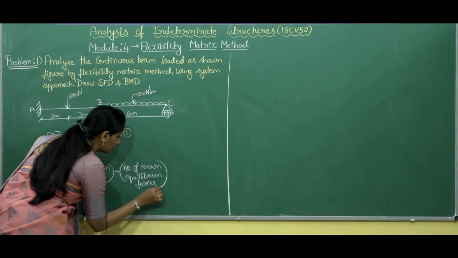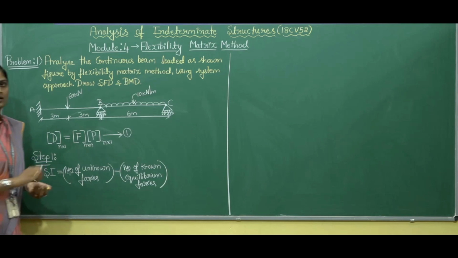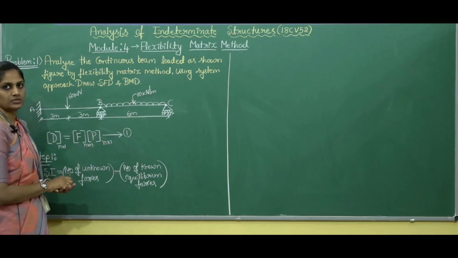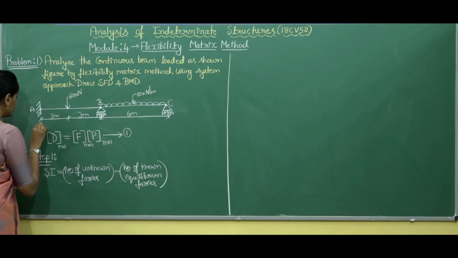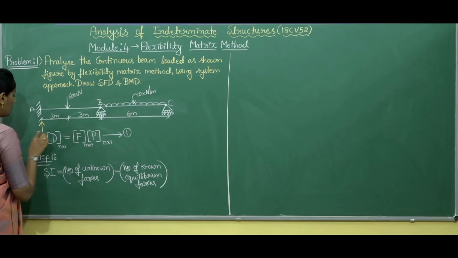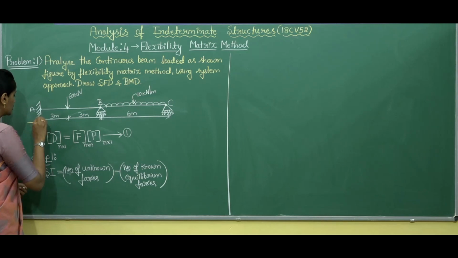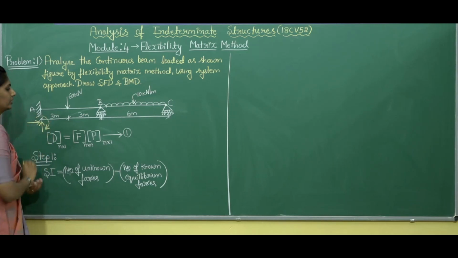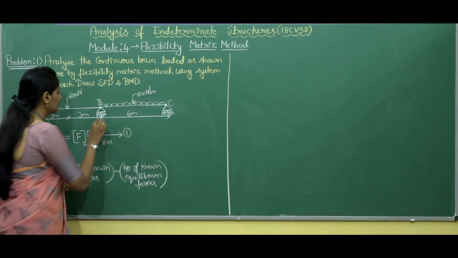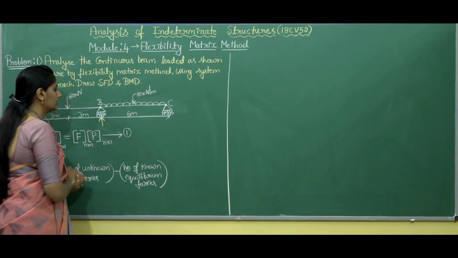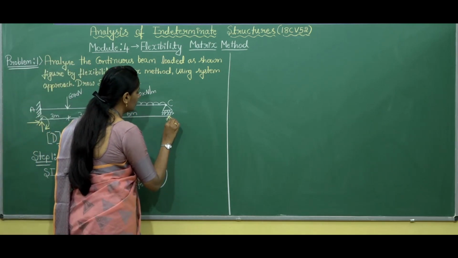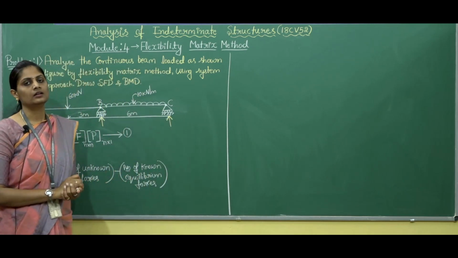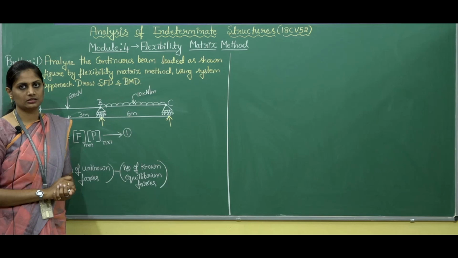Here, if you observe the beam, we have 3 supports. At A we have a fixed support, which has 3 unknown reactions: one vertical, another horizontal, and another one a moment. If you come to B, we have one vertical unknown reaction. Again coming to C, it is also a roller support, therefore again we have one unknown vertical reaction there.